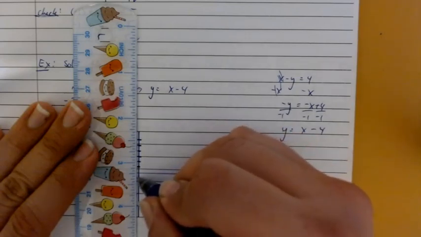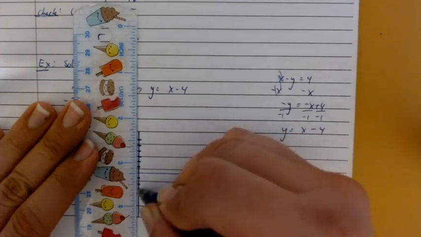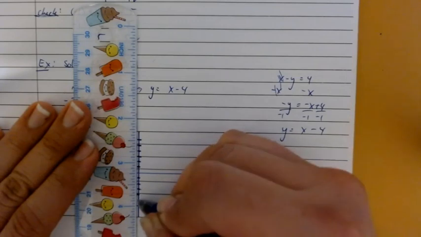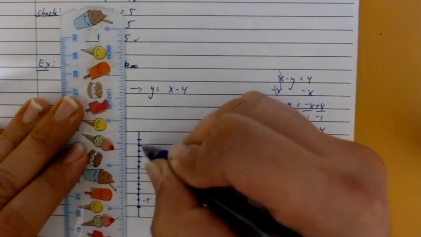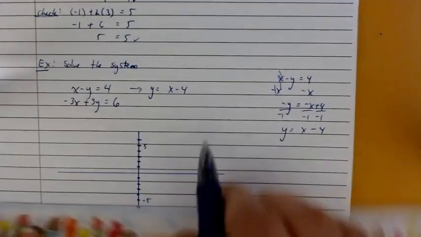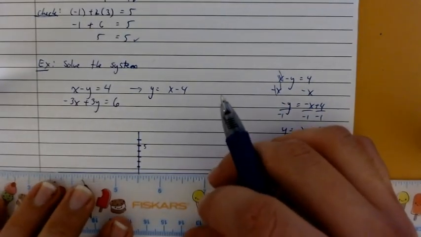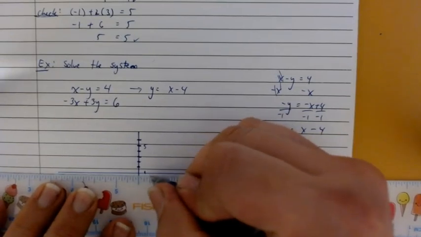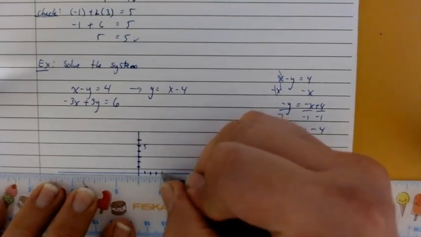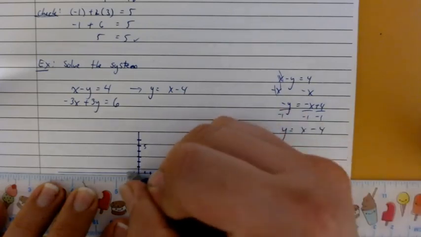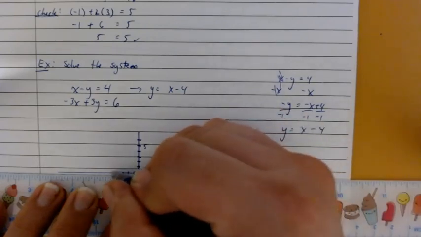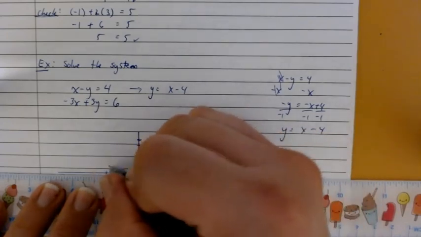And then I'm going to go down 1, 2, 3, 4, 5, 6. And then I'm going to go left and right, 1, 2, 3, 4, 5, 6, and 1, 2, 3, 4, 5, 6.